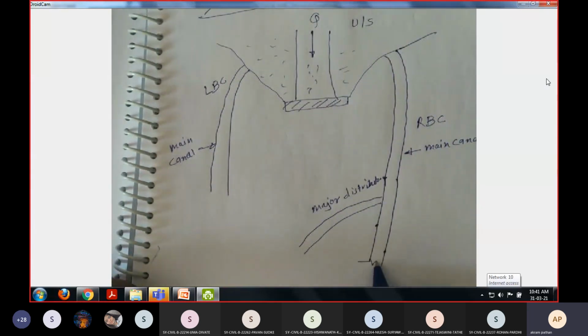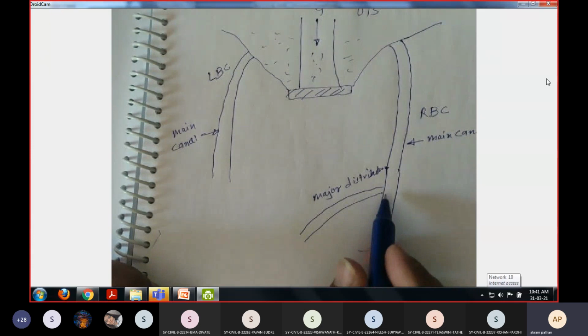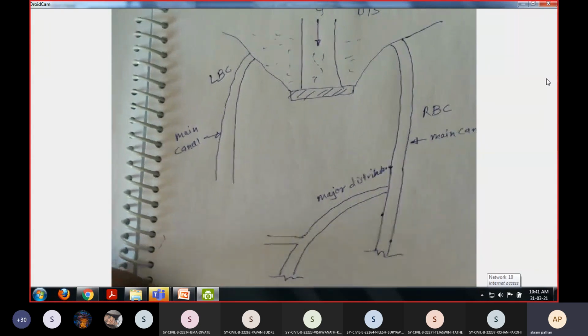Now this canal will carry water forward to supply another area. Then we have to connect the major distributary to the main canal, and another minor distributary we have to connect like this. This will go to another area.